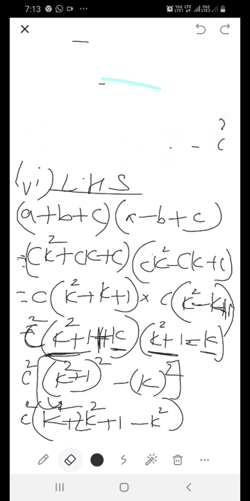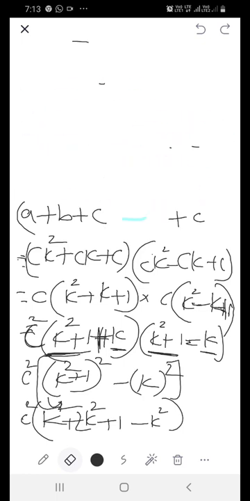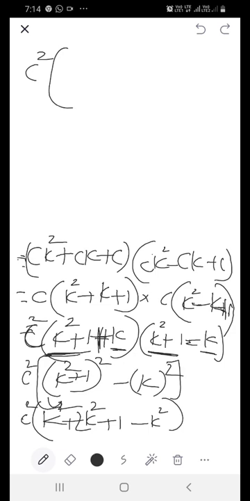And what it will become? It will become C square, K to the power 4, 2K square minus K square will be plus K square plus 1. This is your left hand side.